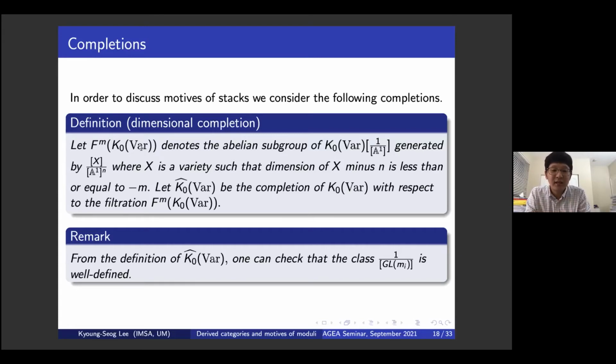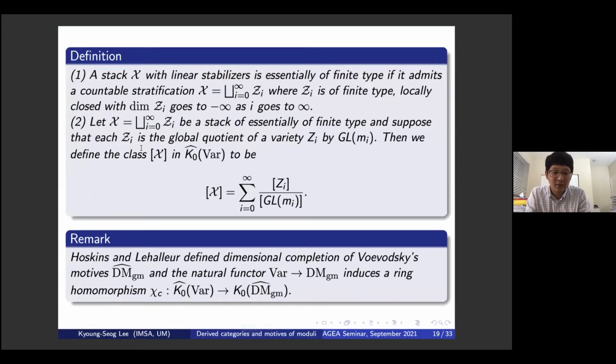I can do the same thing for this triangulated category of geometric motives, and also the similar thing for Chow motives. So in short, there are three kinds of motives I will discuss: the Grothendieck ring of varieties, or Chow motives, or Voevodsky's motives, and there are certain completions of these motives.